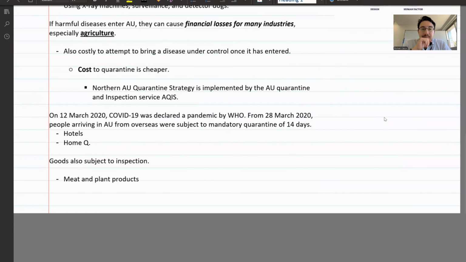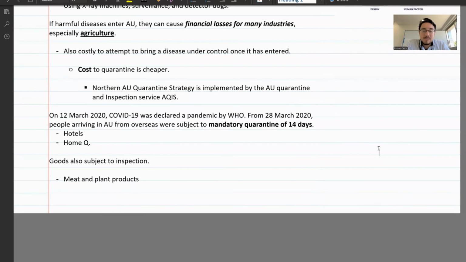So in March 2020, COVID-19 was declared a pandemic by the World Health Organization. If you guys remember during those days, it was pretty rough, right? People arriving from overseas were subject to mandatory quarantine for 14 days, right? Not just Australia, but we would see that all over the world. Quarantine was mandatory. Once you arrived, they book you in a hotel.